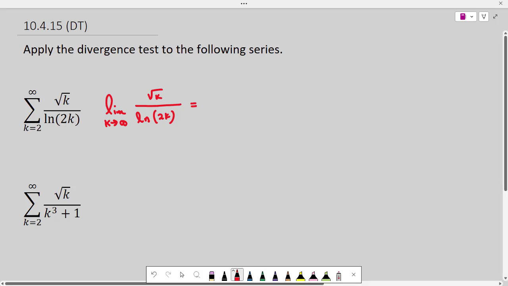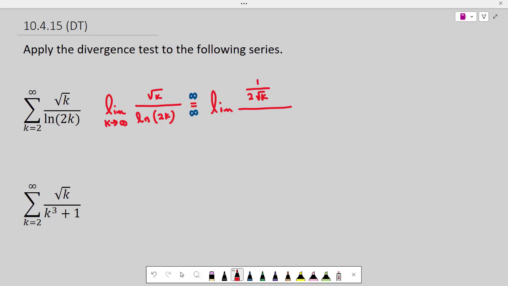So we're going to use L'Hopital's rule. This is infinity over infinity. So L'Hopital applies. So we take the derivative of top and bottom. So this is 1 over 2 root k. So k to the half, its derivative is 1/2 k to the minus 1/2.